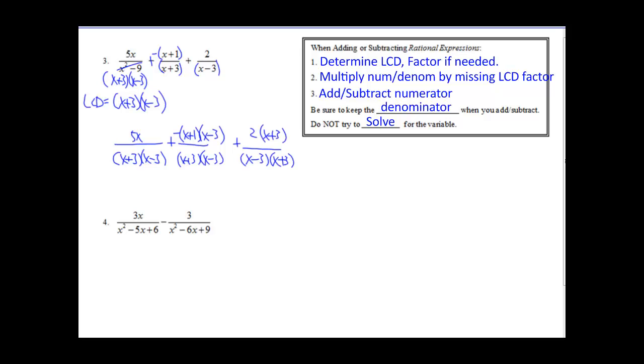If we distribute through, notice in green right here in the middle, this is x squared minus 2x minus 3, but then we have to distribute the negative through.